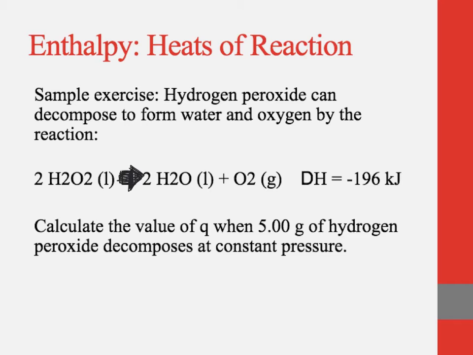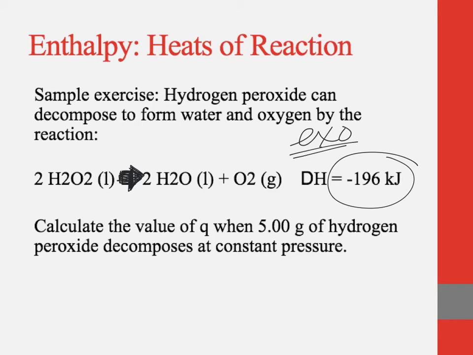Now notice that this is a negative 196 kilojoules, which tells us that it's exothermic, predominantly. Yes, there was some energy going in to break the bonds in the H2O2, but the formation of the new bonds of the water and the oxygen gas release energy. So the reaction is predominantly exothermic.